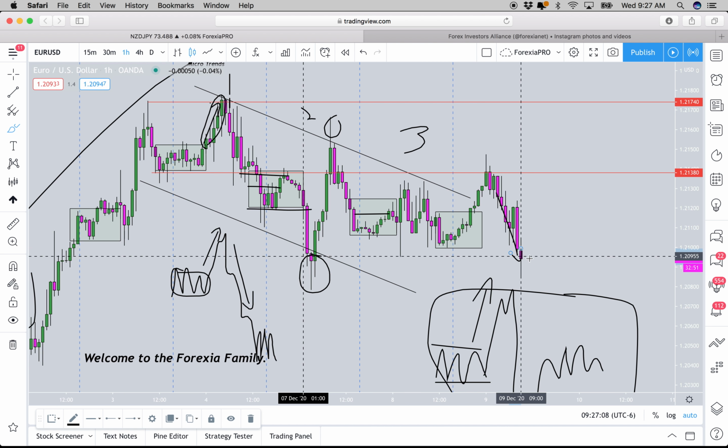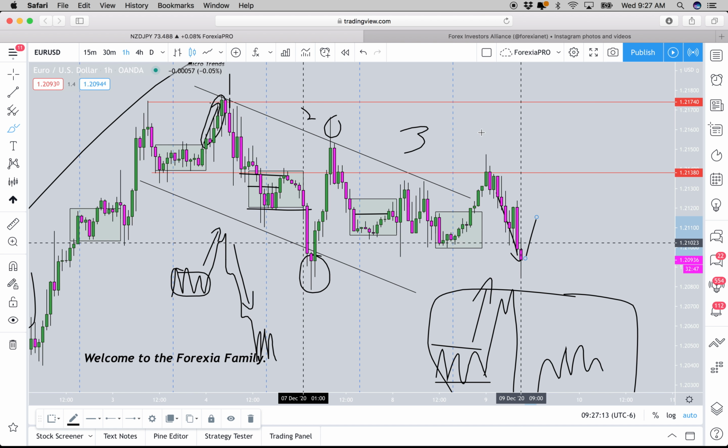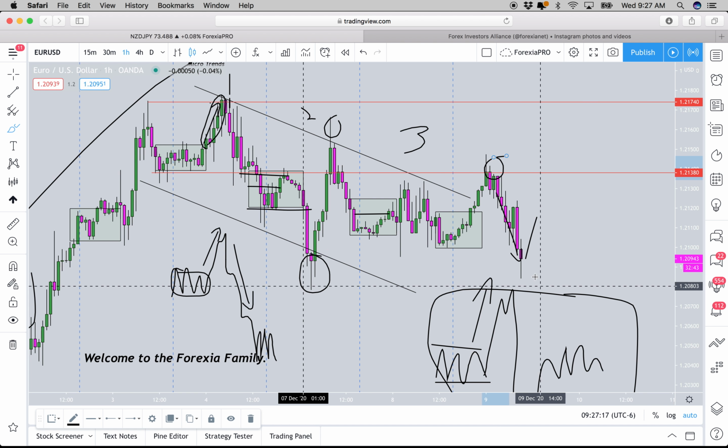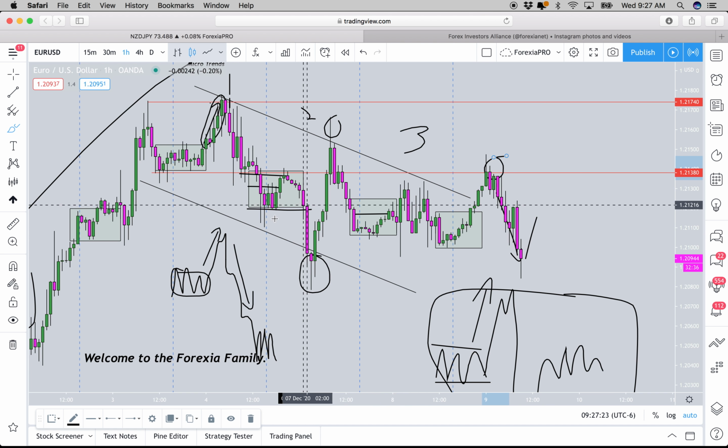And now we could see a retracement for New York session as this reversal, because we saw London session creating the high. And if London session creates the high, a lot of times New York session will create the low, vice versa, just like we've seen here in these different examples.